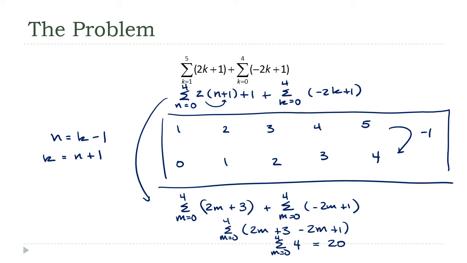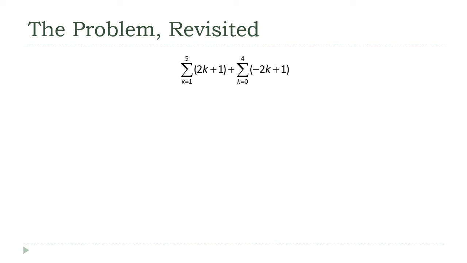Now, there is another way we could have approached this. We can take the second series and just explicitly write out the first term. When k is equal to 0, the first term over here is negative 2 times 0 plus 1, which is 1. And then keep the sigma notation for the remaining values from 1 to 4.